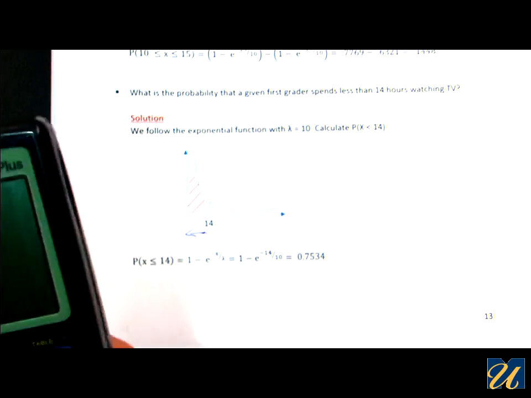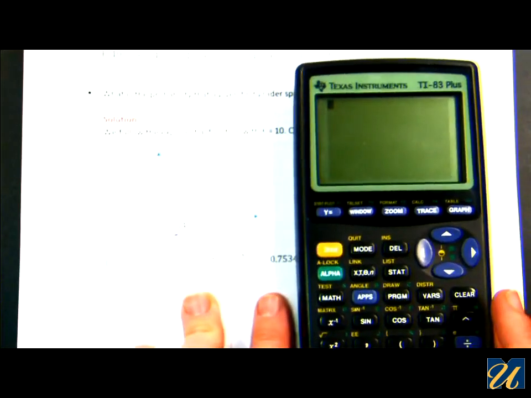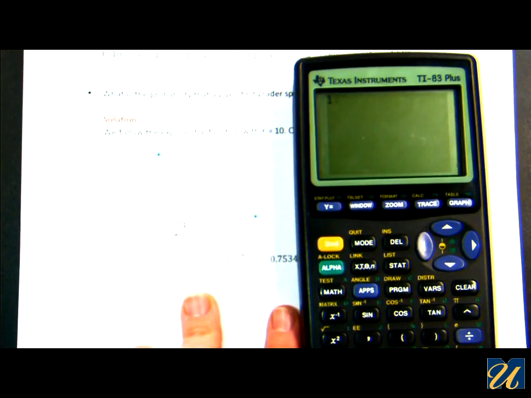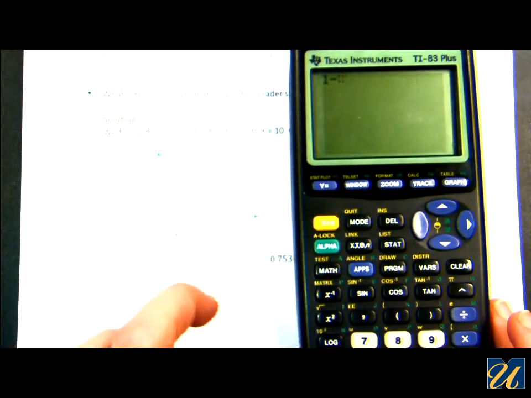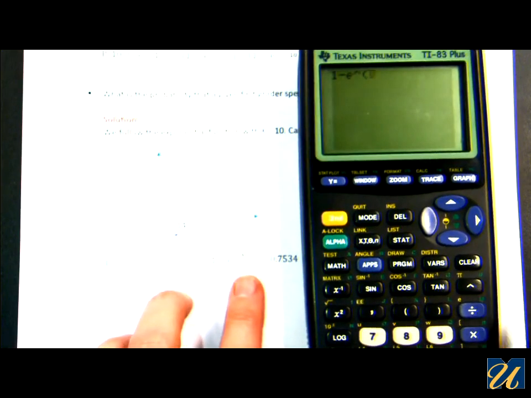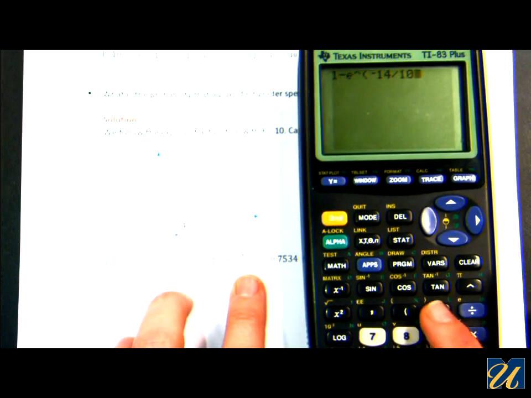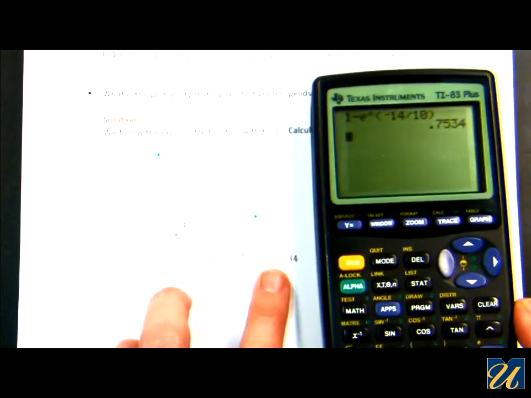So you would do 1 minus second ln to the negative power of 14 over 10, and you get 0.7534.